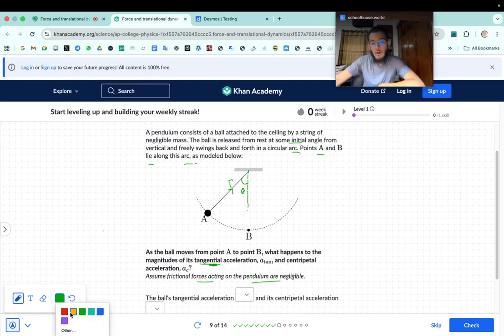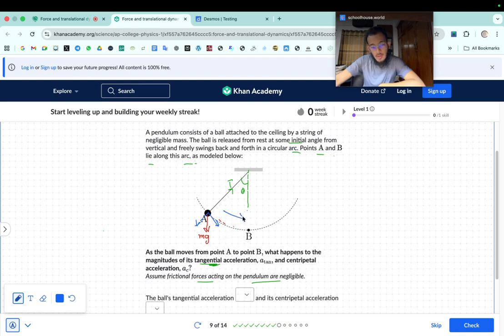Now, the tangential acceleration is provided by, so we have a weight here, mg. Now, as it moves closer and closer, what happens at this point? If we think about this, it gets resolved to some in this portion and some in this portion, because we have this theta.